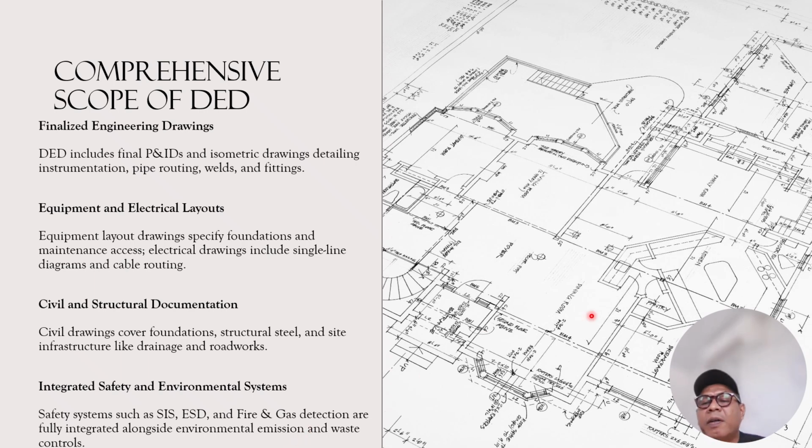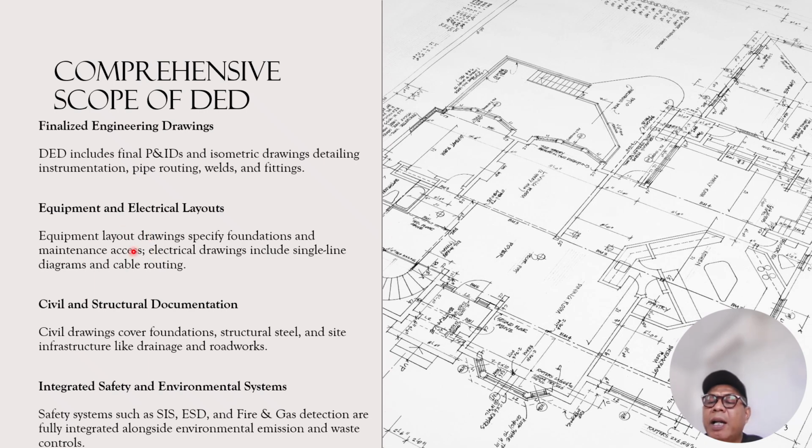waste control. So the DED transforms the conceptual framework established in the BED into construction-ready documentation. This phase includes the finalized P&ID with all instrument and control loops, ensuring precise operation control.